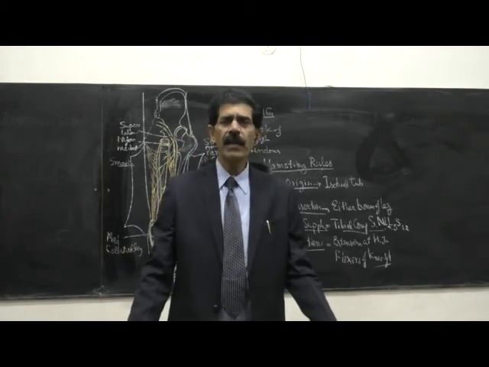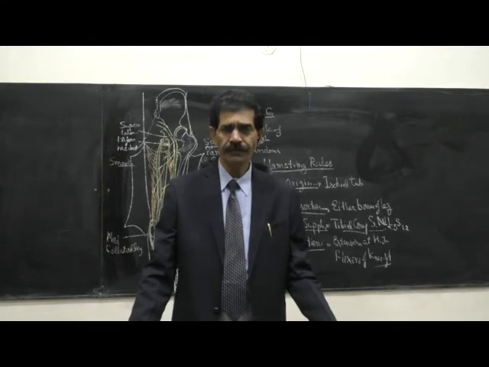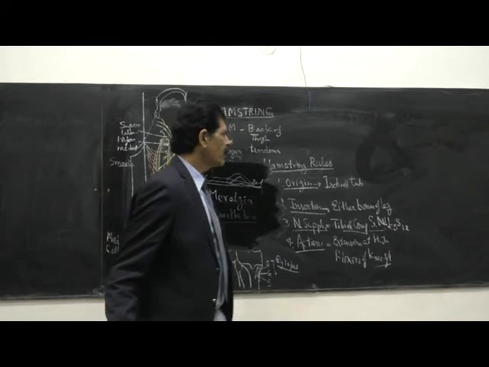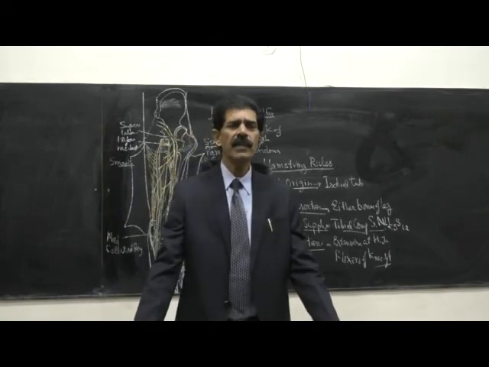Another applied anatomy related to the gluteal region is the injury of the hip bone in a roadside accident or anywhere, which leads to the injury of the superior gluteal nerve. The superior gluteal nerve, as we know, supplies two muscles, gluteus medius and minimus.